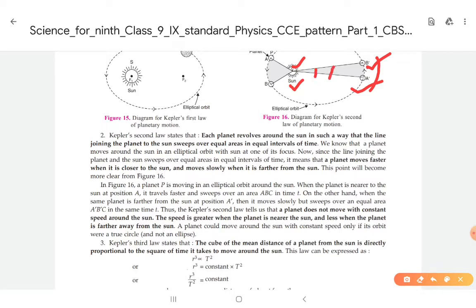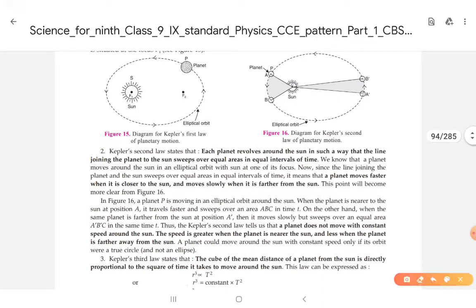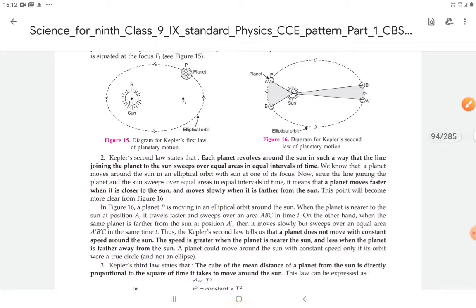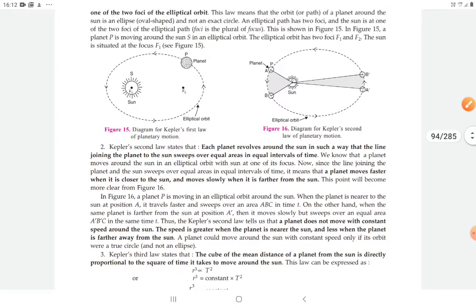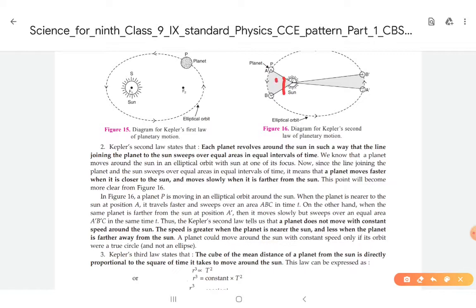So this area, we can say area of a dash b dash c, is equal to the area of this part. Okay, this is the second statement of Kepler.